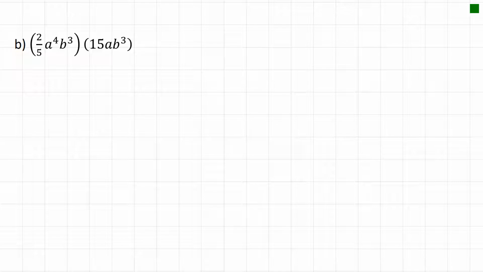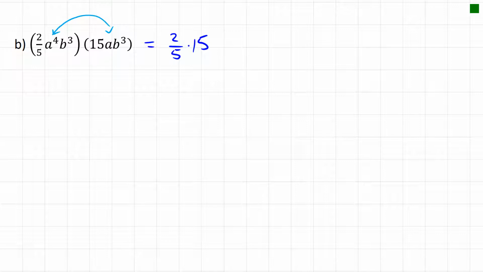Here's another example. What makes this one slightly more complicated is that I have a fraction of 2/5 times 15 for the number part. So I'll work on that in the next step. But then we can do our common bases. When we're multiplying the variables of our monomials, we multiply the ones with common bases.